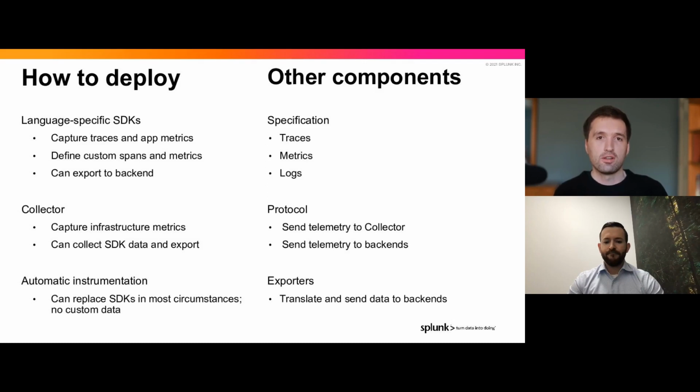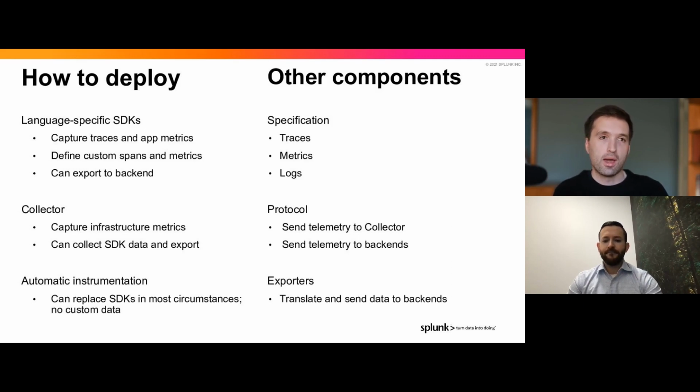And it can also pull in any telemetry from any other OpenTelemetry sources, which we'll get into in a minute. The collector then can, if you like, perform some amount of processing on this data and then export it to your backend destination of choice. So this gets you all of your infrastructure data. It also gets you all of your application logs, typically.